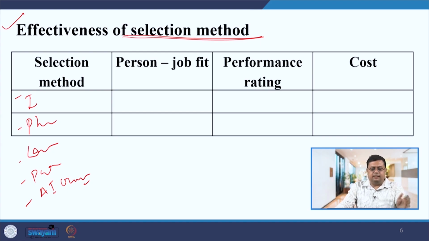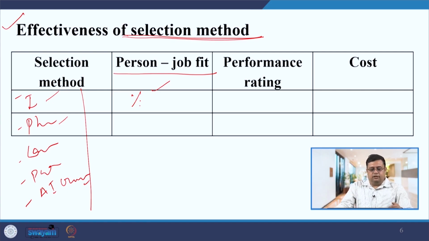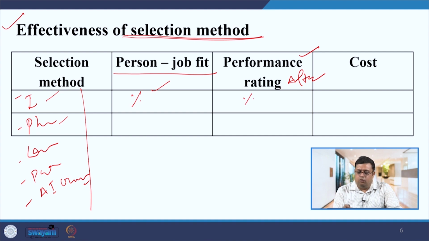You can select a selection method and then check the percentage of person job fit according to this test, if these tests are testing the person job fit, and the performance rating after 1 year or the percentage of goal achievement after 1 year.